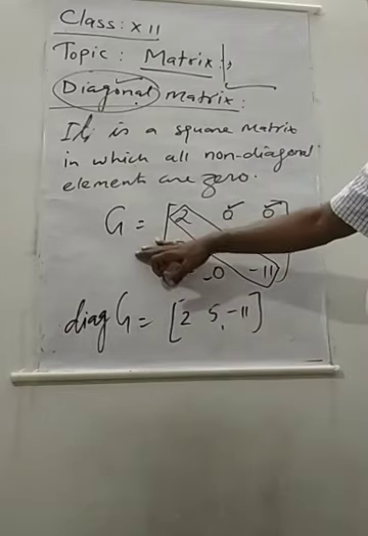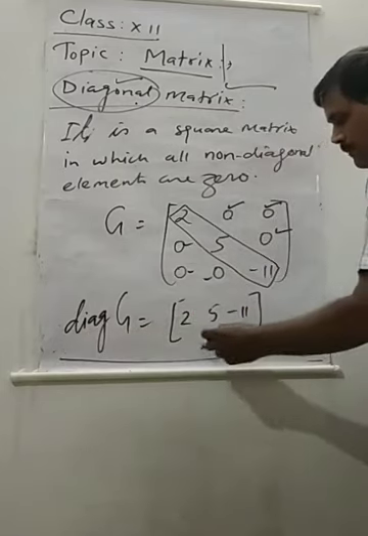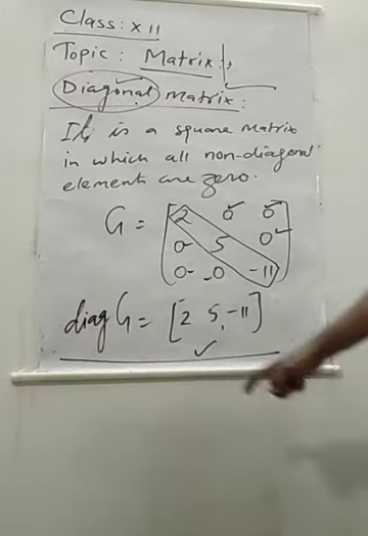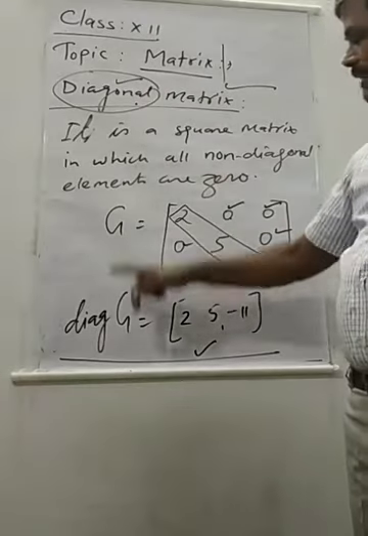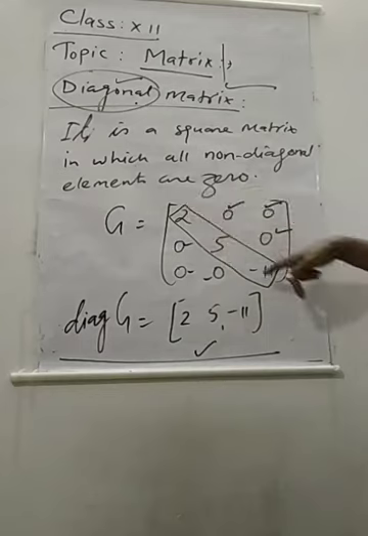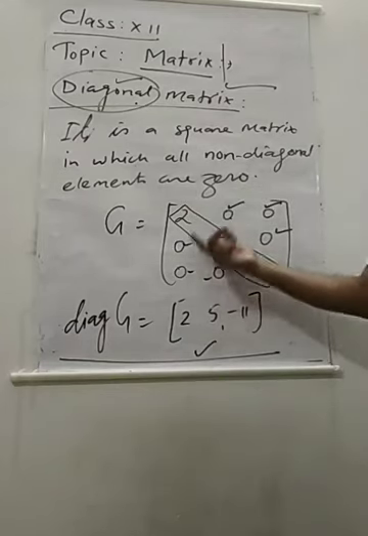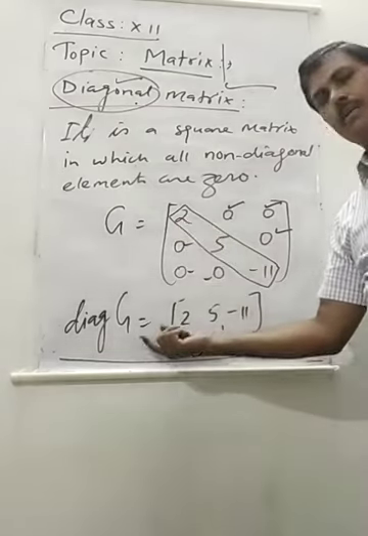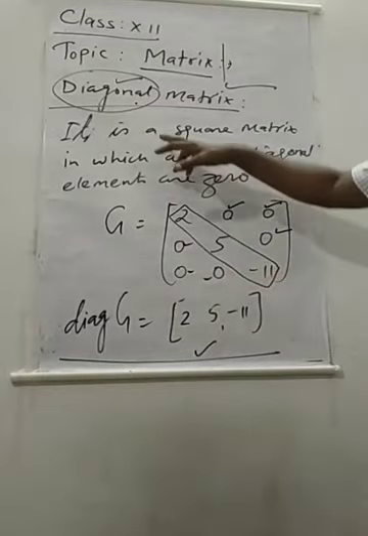So we can represent diagonal matrices this way also. Sometimes you might have such a representation of the diagonal matrix. So be very clear: they are to be placed in the diagonal places, and in other places you know they will be zero. So you can frame the original form with the help of this symbol also.